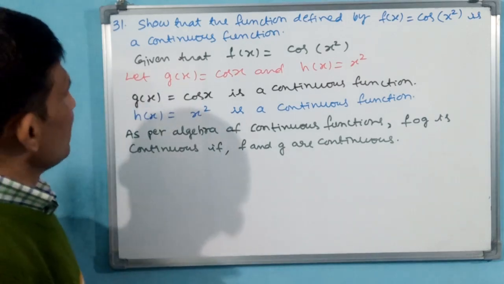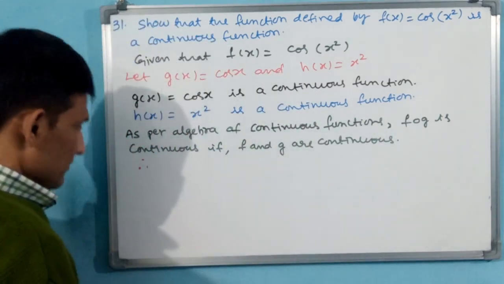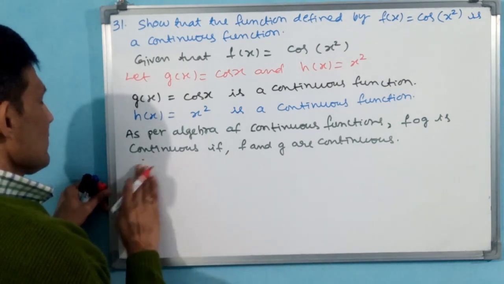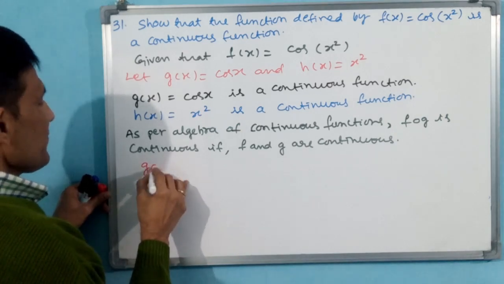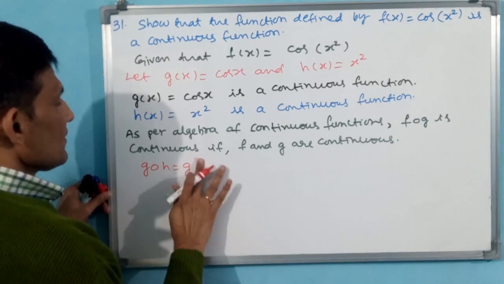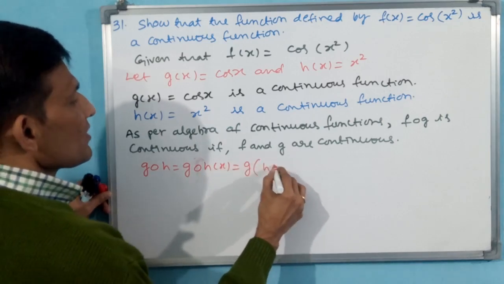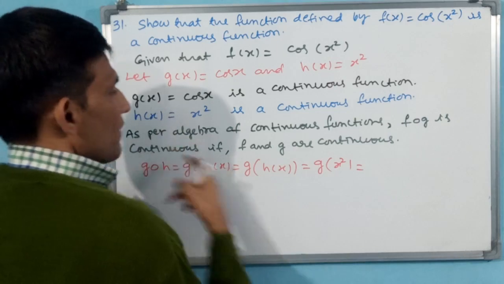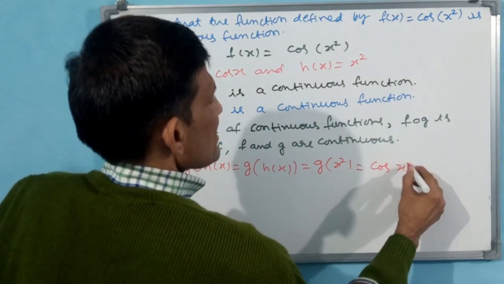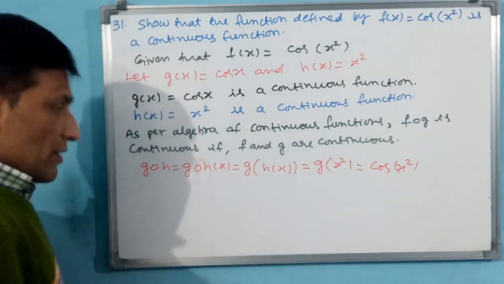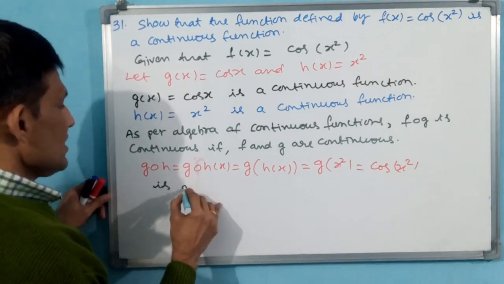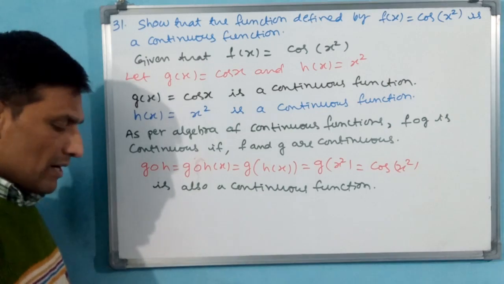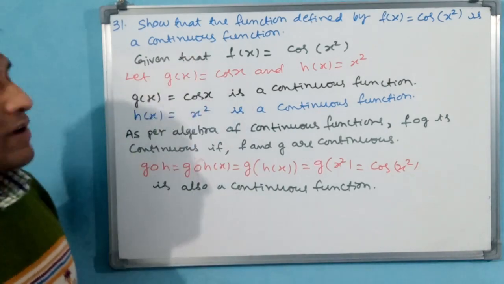Therefore, you write now: g of h is equal to g of h of x, which is g of x square, that is equal to cos x square, is also a continuous function. g of h is equal to f of x.